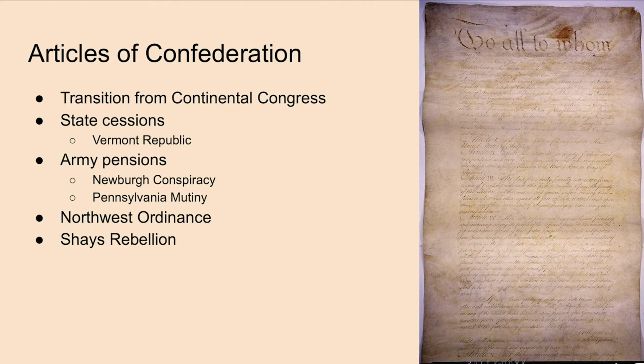Well, the Articles of Confederation actually make it so that there will be no army, no standing navy throughout this entire period. So think about that. In this early period, the U.S. didn't even have an army. Now, that's not to say there weren't elements left from the Continental Army.